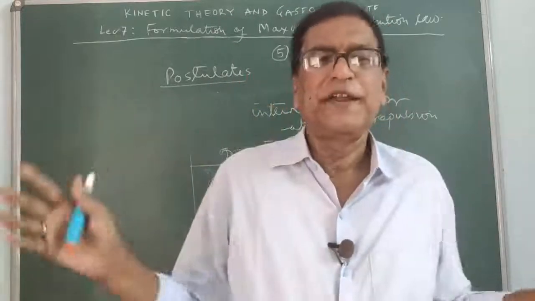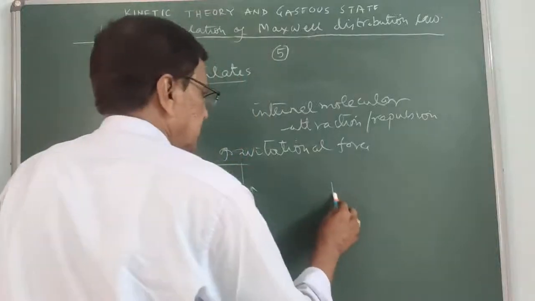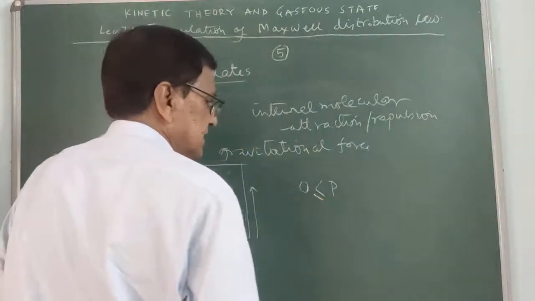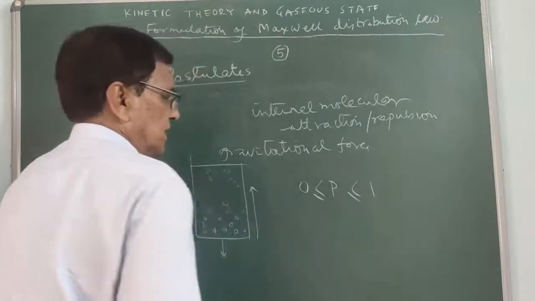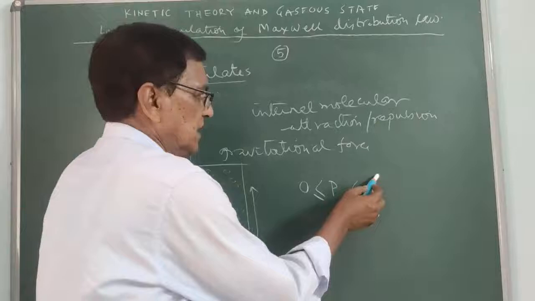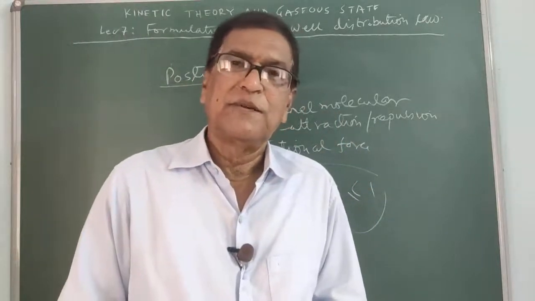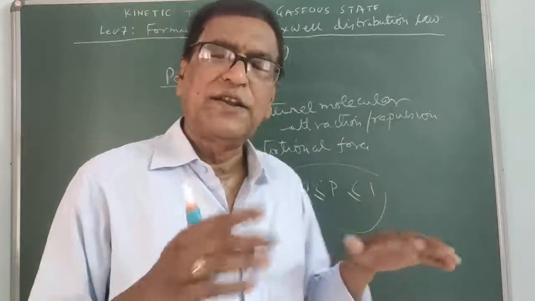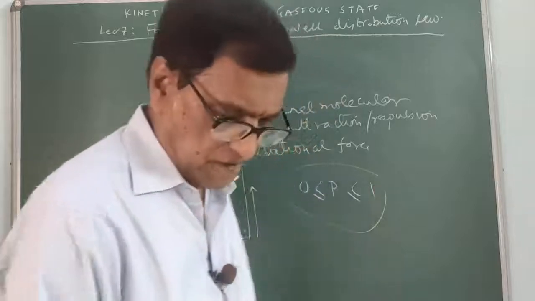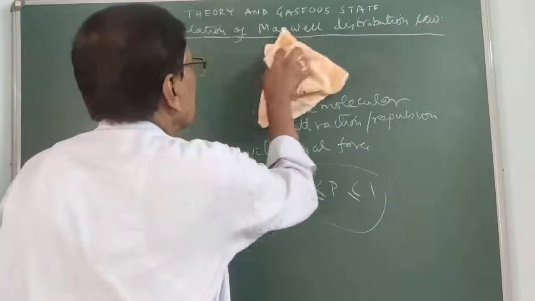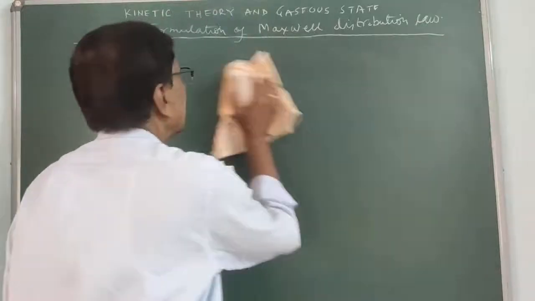It will be greater than or equal to 0 and less than or equal to 1. In all cases, probability has such a range. Now we are going to formulate.